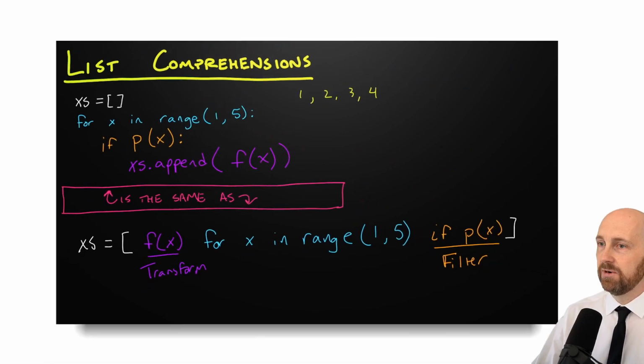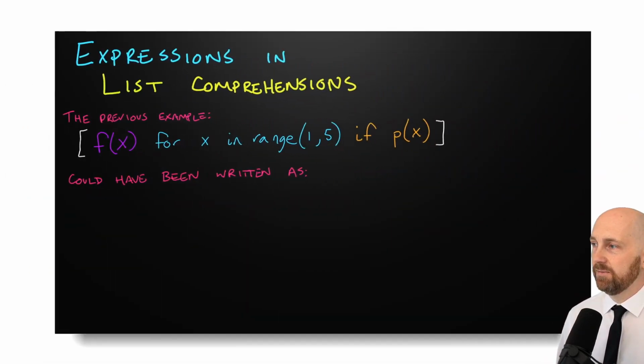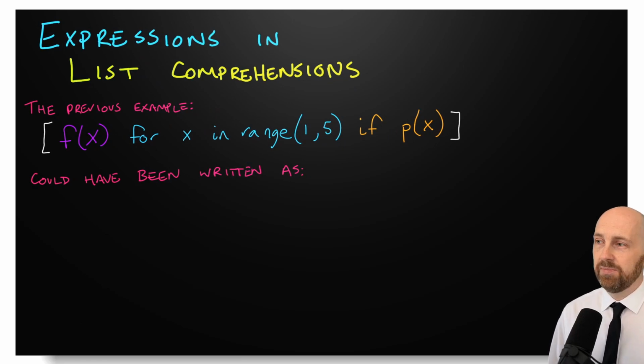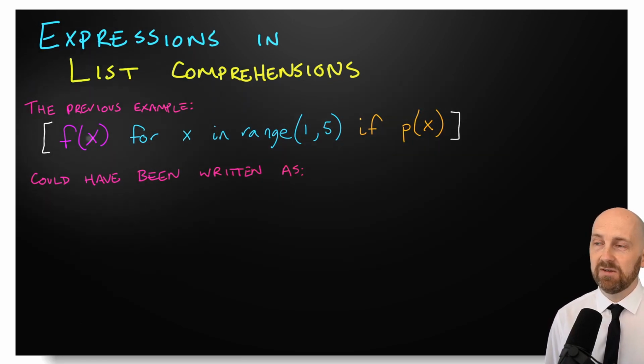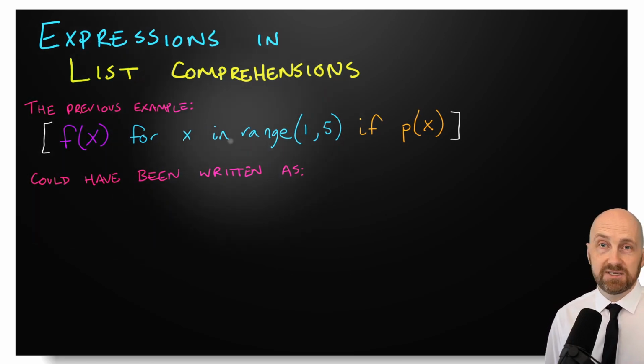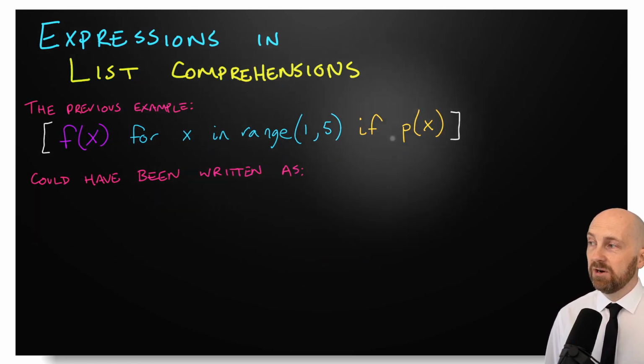And I'm going to jump over to another example here. So we were taking the previous example. We can have any expression we want as the expression we're transforming the elements in our iteration with. And we can also optionally have whatever Boolean expression we'd like here for p of x.